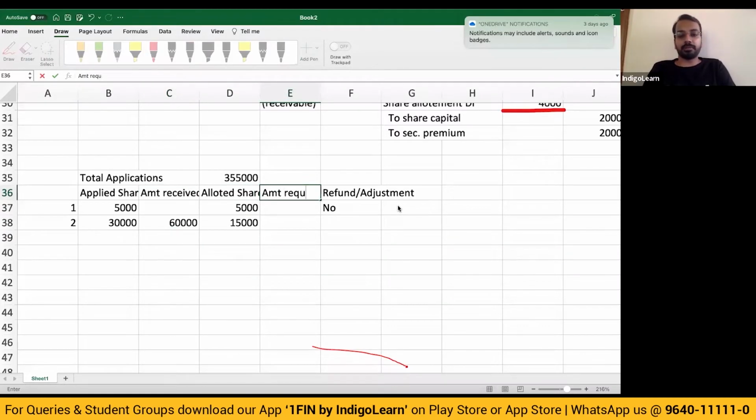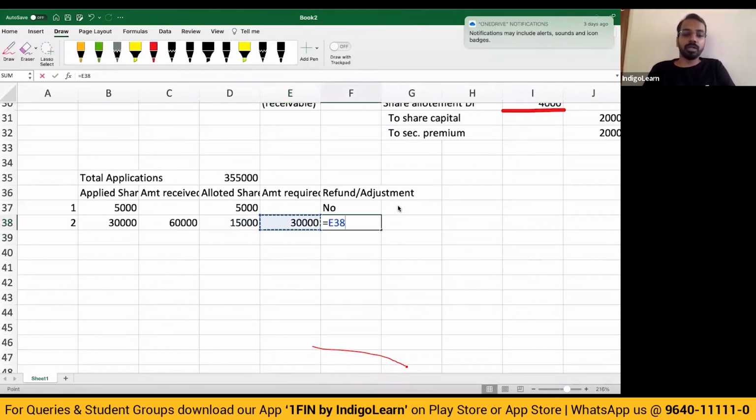Amount required should be 15,000 multiplied by 2, 30,000. So 60,000 minus 30,000 is adjusted against the allotment bill. Are we clear with this?